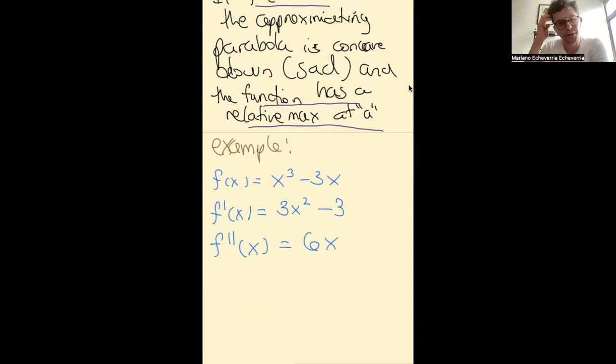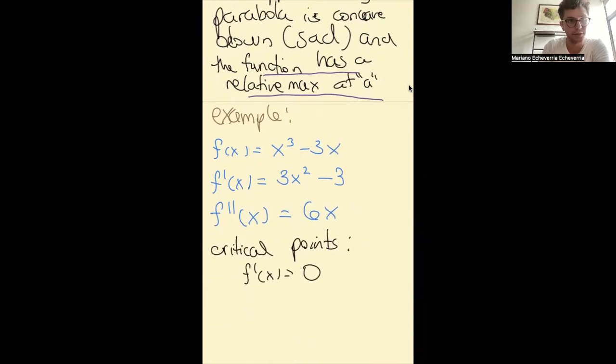So if you remember, what were the critical points for this function? The critical points were at a equals 1 and -1, right? Because it would be when f prime of x equals 0. So that's just 3x squared minus 3 equals 0, which is x squared equals 1, x equals plus or minus 1.